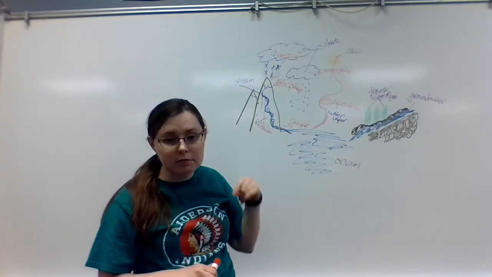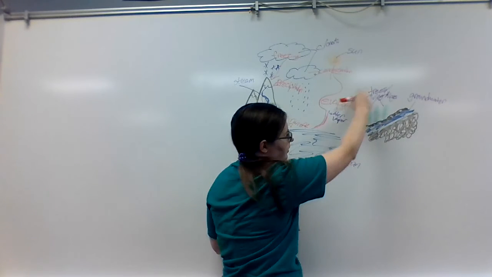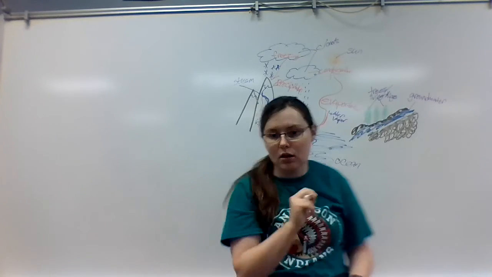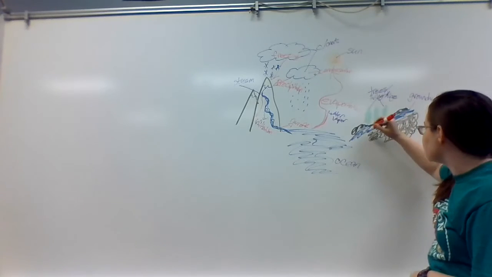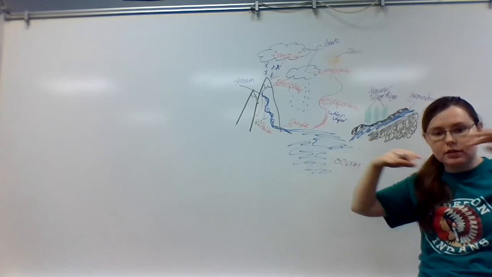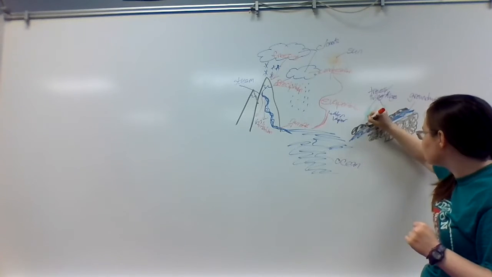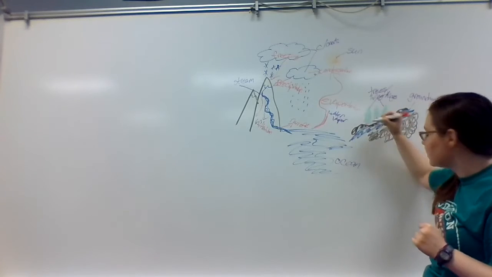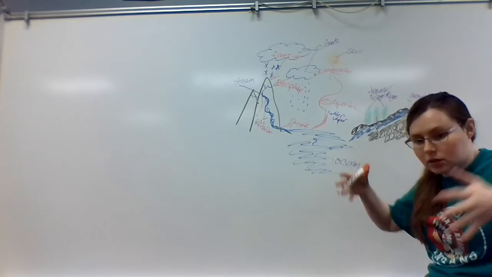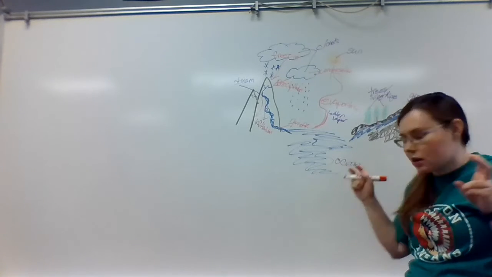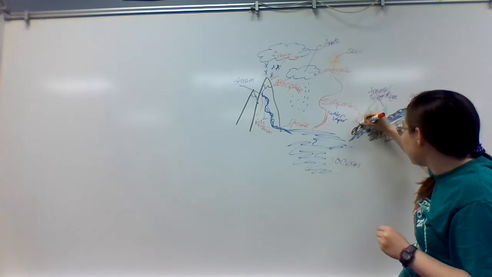The other part of our water cycle happens over here with our trees, living things. With our trees, from this groundwater, the water that's underneath the ground, the roots of the trees will essentially drink the water, and that's called capillary action.